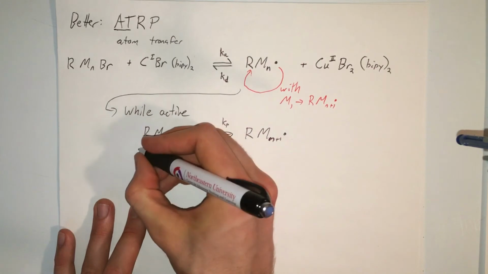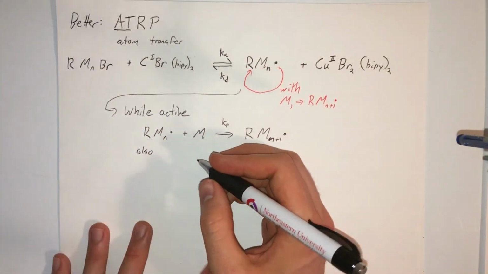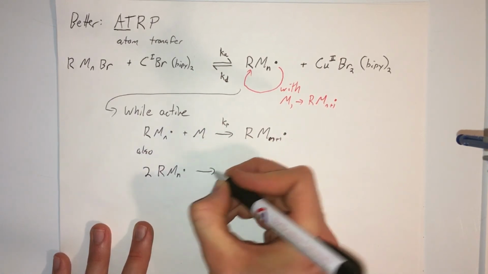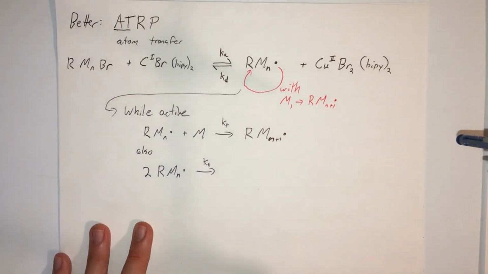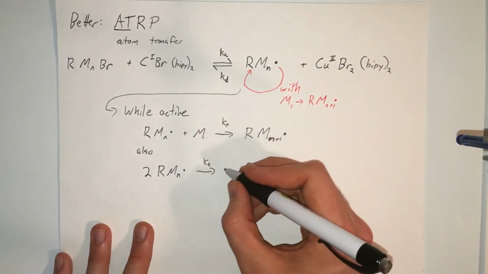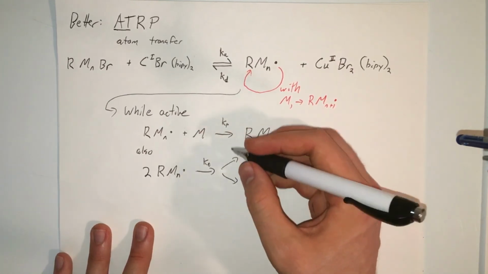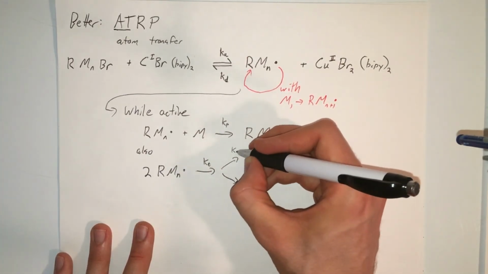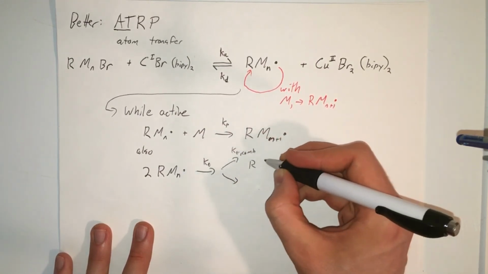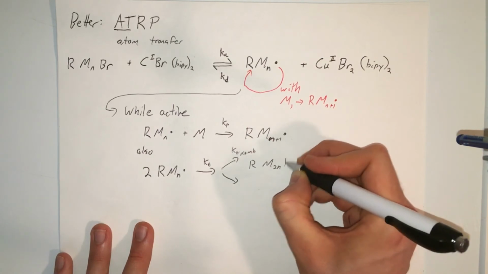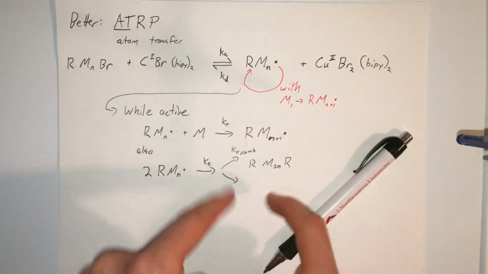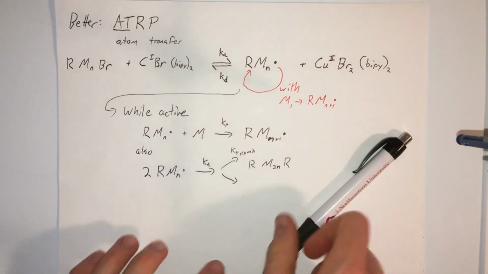And also, we have two of our actively growing chains combining together with our termination. We could describe it as two processes. Instead of one KT, we could say it's a KT in combination, so this is like two of these chains combining together and the two radicals forming a single bond.